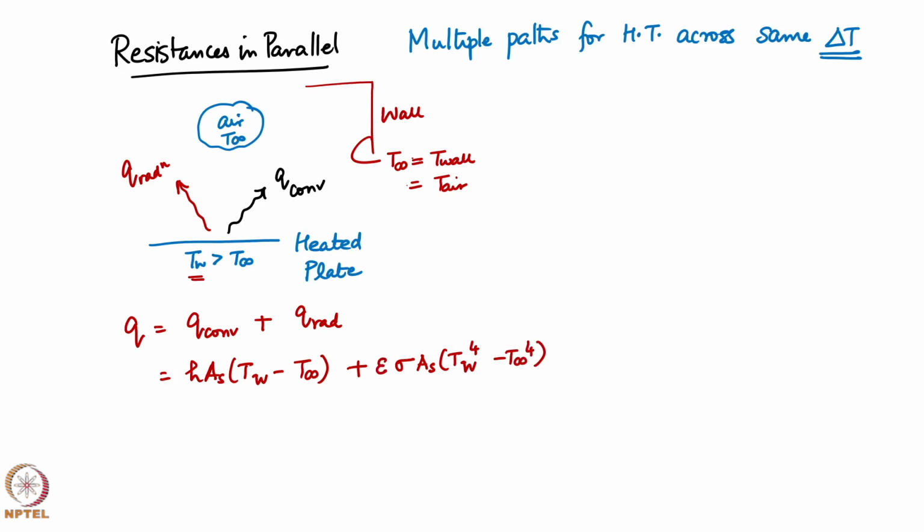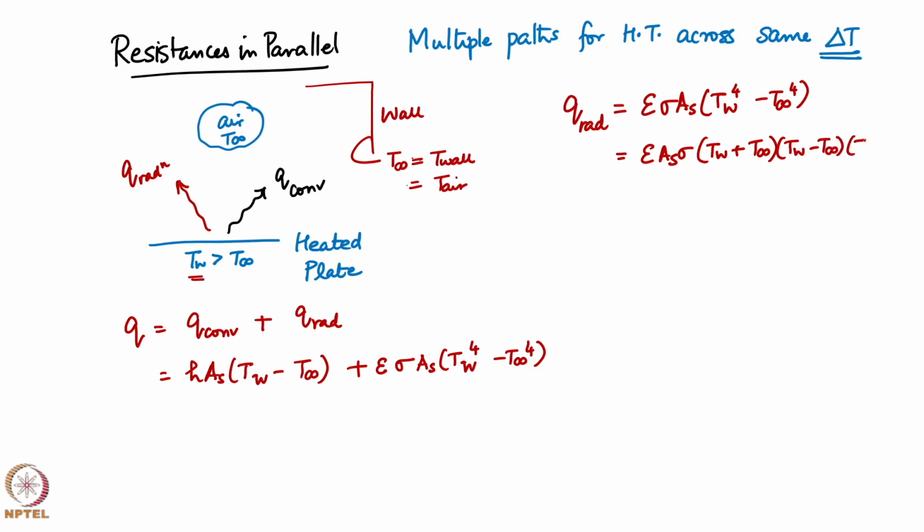Okay. Now, let me write Q radiation separately: epsilon sigma A s (T w to the power 4 minus T infinity to the power 4), which is epsilon sigma A s, this one, (T w squared plus T infinity squared) into (T w plus T infinity), from the A squared minus B squared form, A squared plus B squared into A squared minus B squared.